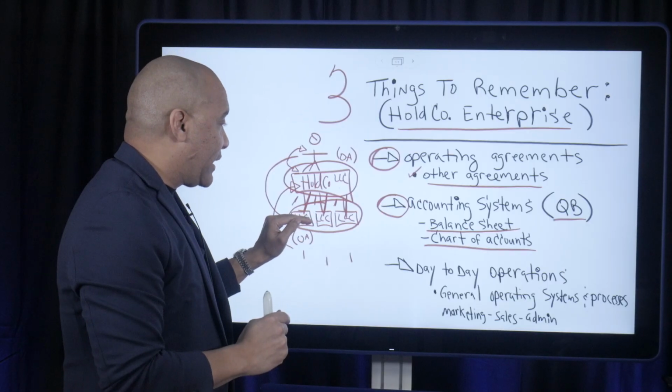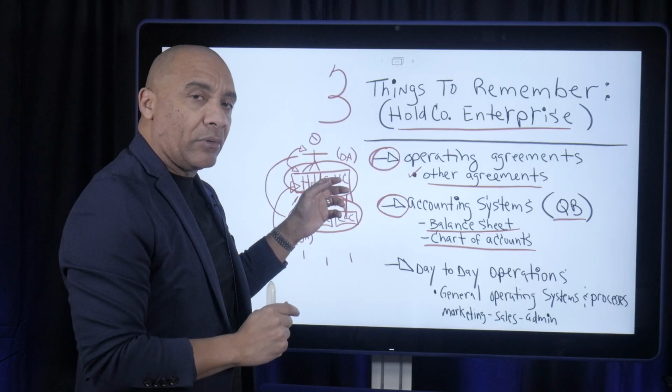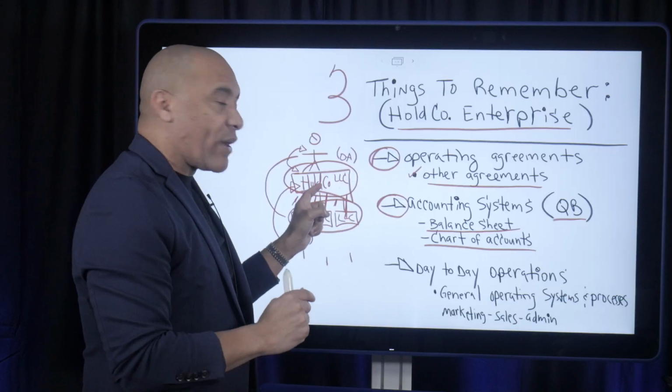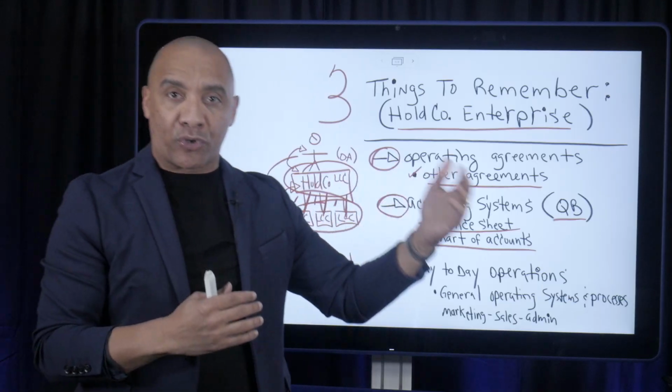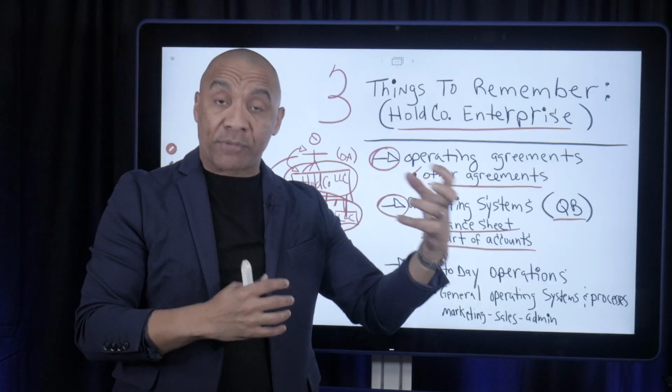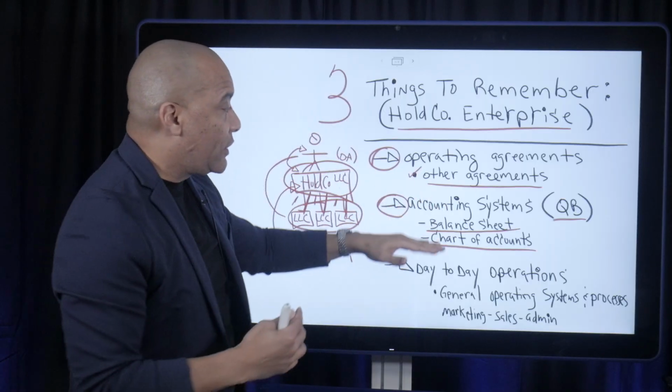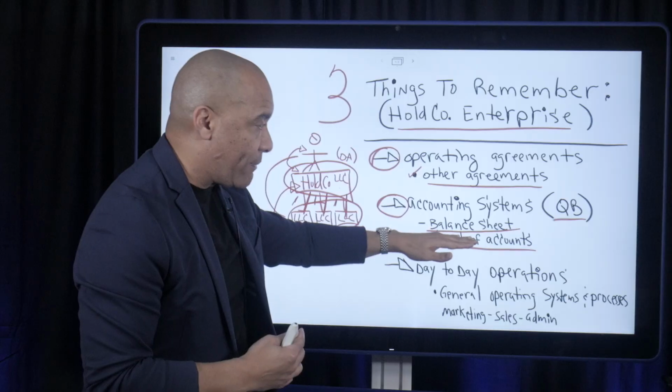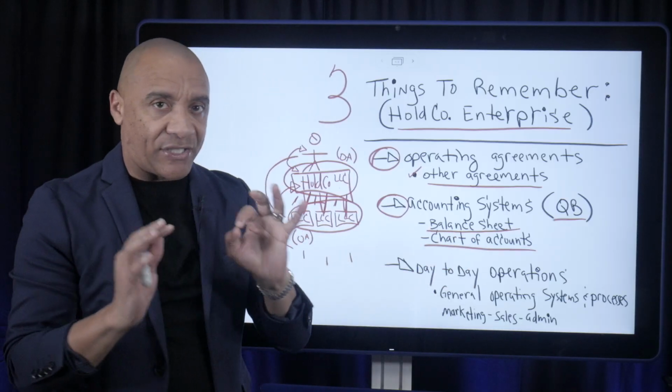And what if money comes from the subsidiary into the HoldCo? We don't want that to look like revenue in the HoldCo. It's actually an owner's draw, or maybe a reimbursement of the initial owner's investment. So you need your accounting systems in place, your balance sheets, your chart of accounts. That's just to name a few.